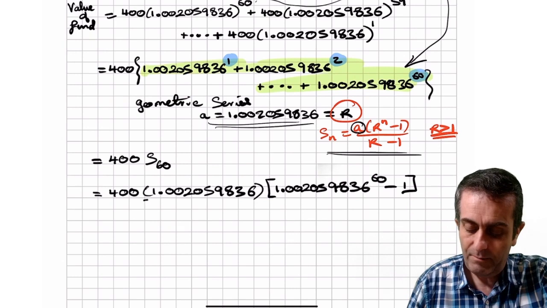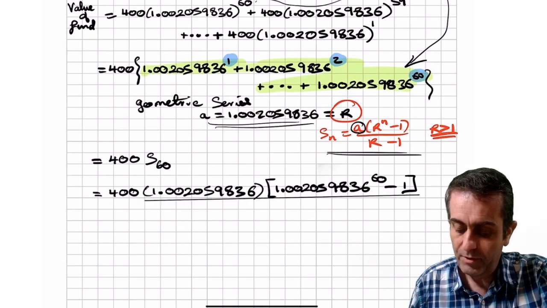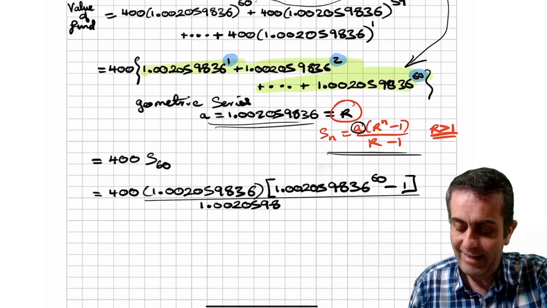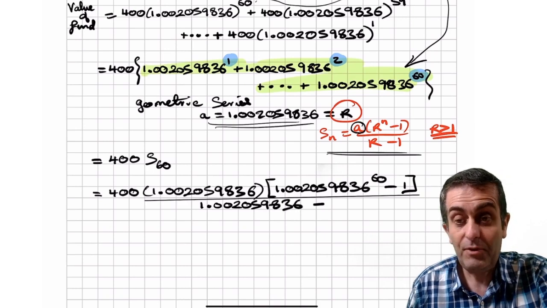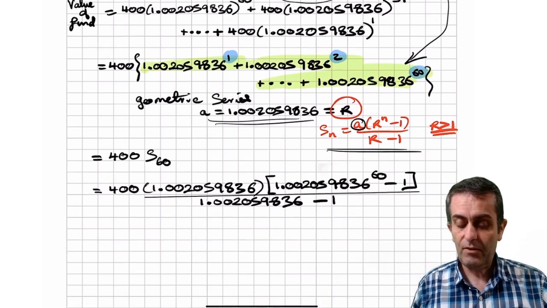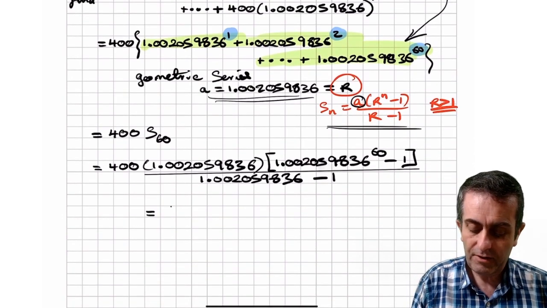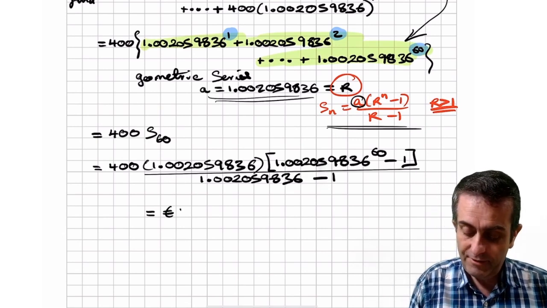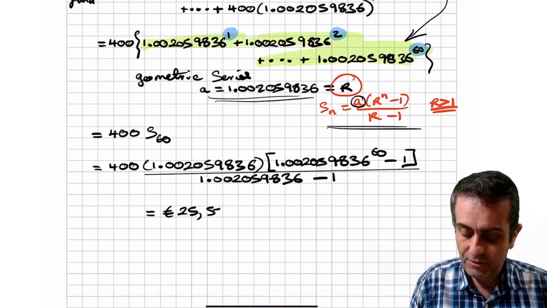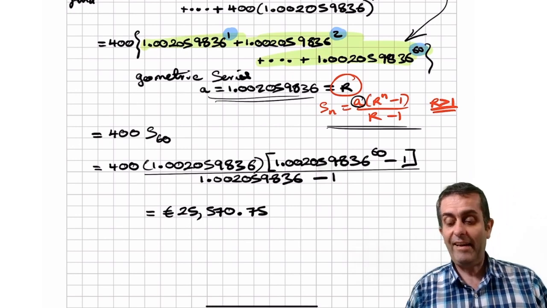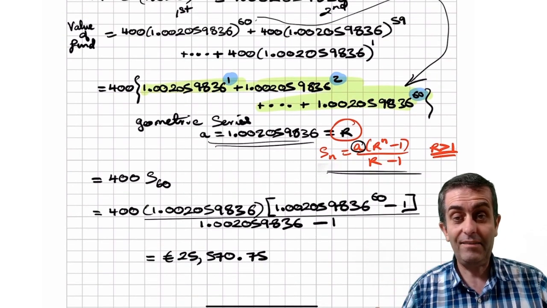Minus 1. And then on the bottom, we put in R minus 1. And again, R is 1.002059836, and then we subtract 1 from that. Okay? Now, you get your calculator, you put all of those numbers in, and the grand total after this period of saving for Susan is €25,570.75.